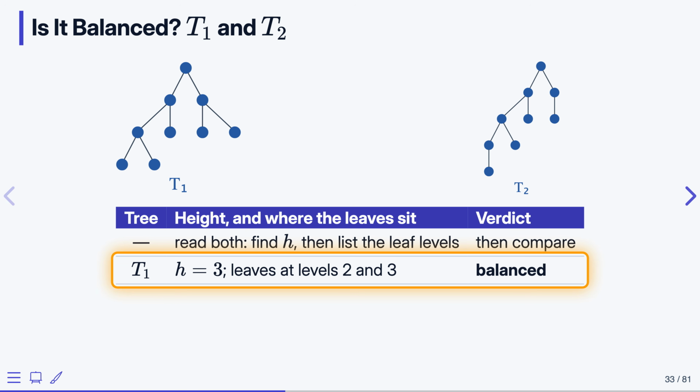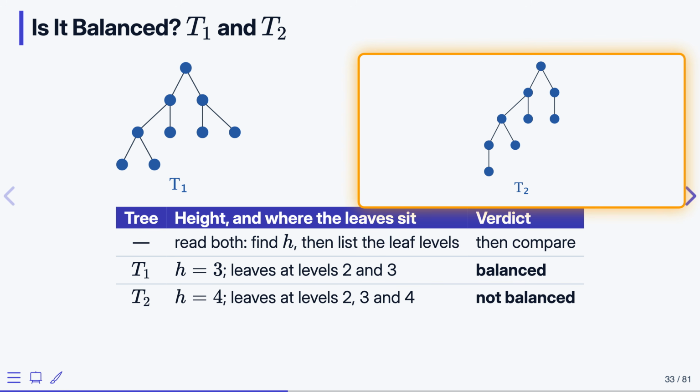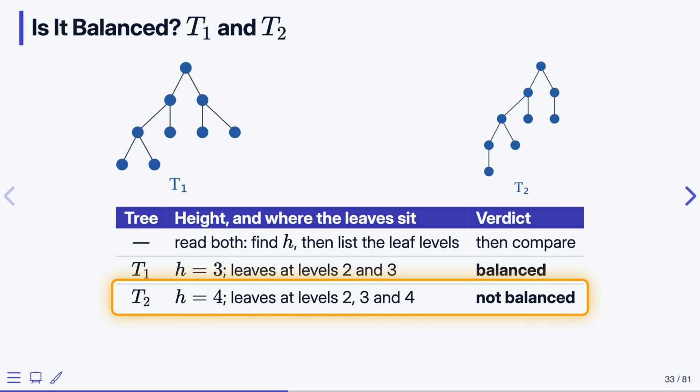Both of those are allowed because H is 3 and H-1 is 2, so T1 is balanced. Now T2. Its deepest dot is at level 4, so the height is 4. The allowed levels are 4 and 3, but T2 also has leaves at level 2, which is too high. So T2 is not balanced.